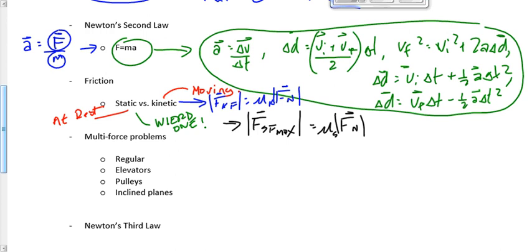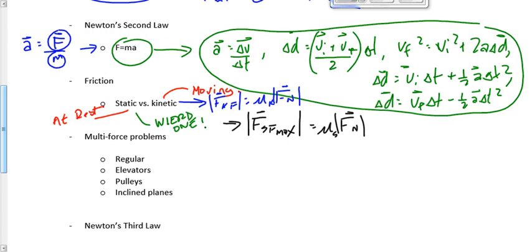Now I push on it with 51, the force of friction is 40. I push on it with 1,000, the force of friction is 40. As soon as I exceed the maximum possible value of static friction, then that force of kinetic friction will be the same always, no matter how hard I push, no matter how fast it's moving.